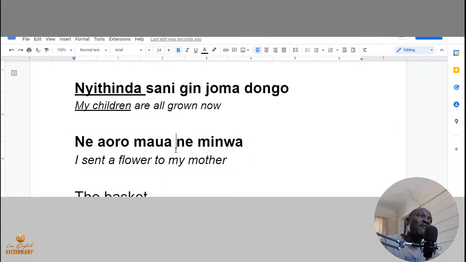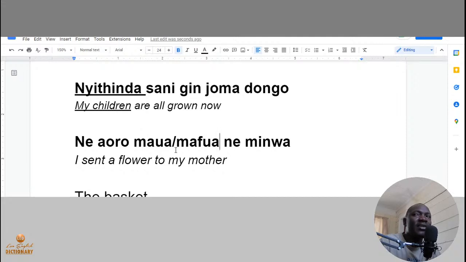Some people say mafua, depending on where you're from. Because when I was growing up, some people would say mafua, some would say maua. Because I think flower in Swahili is also mafua.